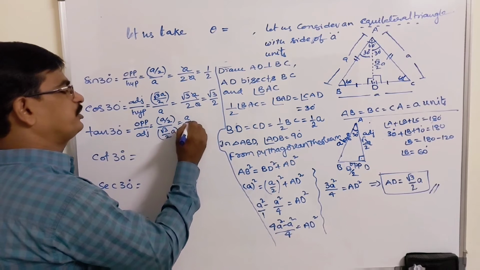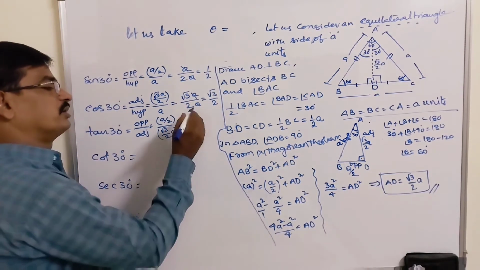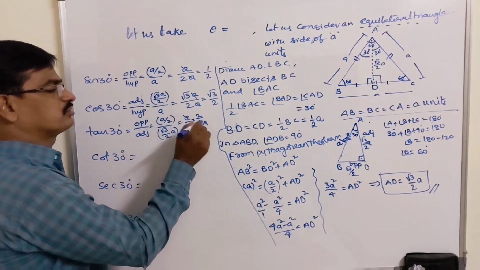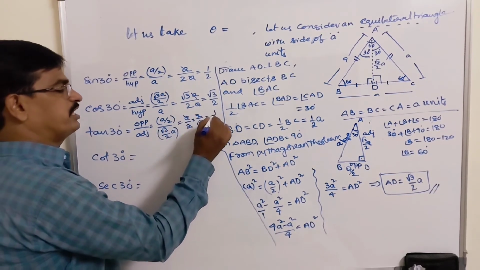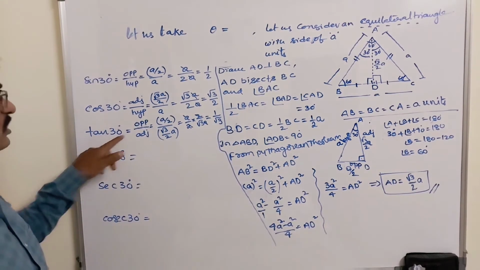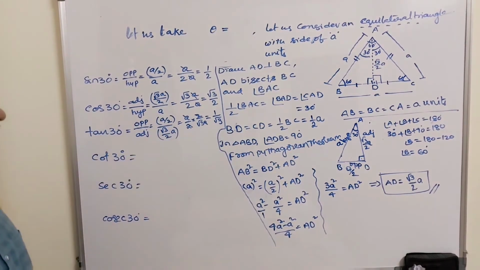That is a by 2 into 2 by root 3a. A cancels out, 2 cancels out. Then what is the value? Tan 30 is 1 by root 3.